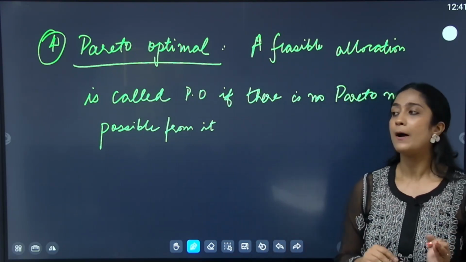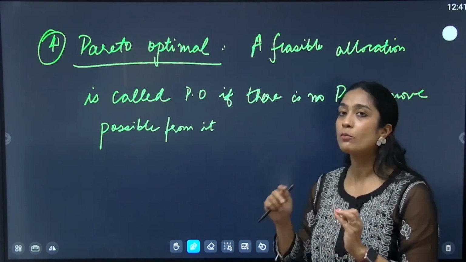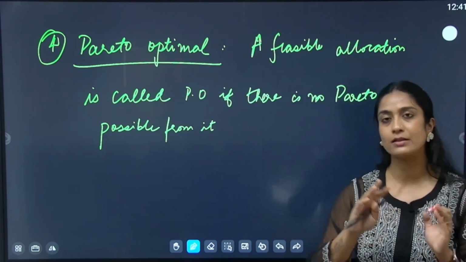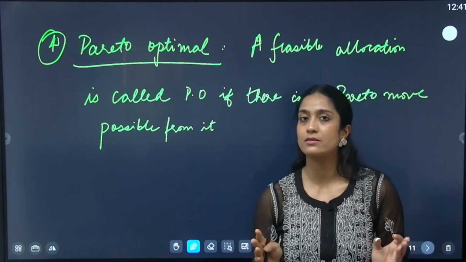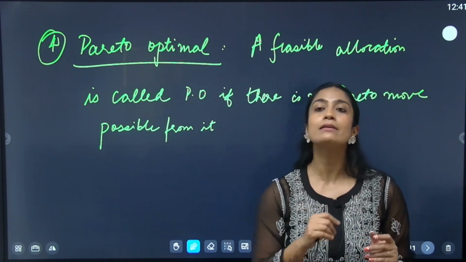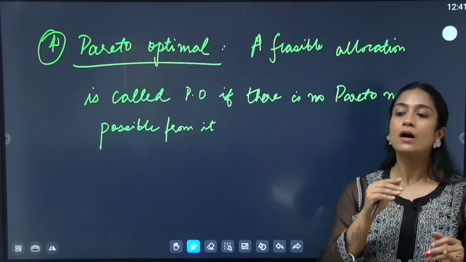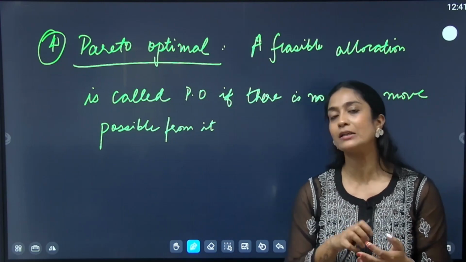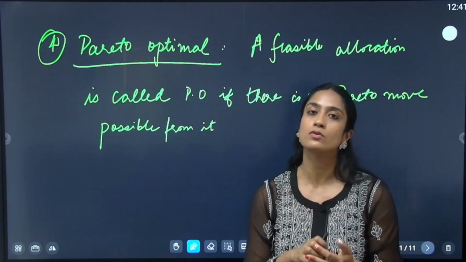It could be that you are moving to another bundle, but the two are indifferent among them, so then both of them are Pareto optimal. That's possible, but it will not be the case that both of them are better off. If one is better off, the other will necessarily be worse off.